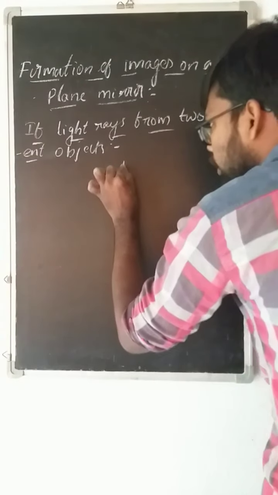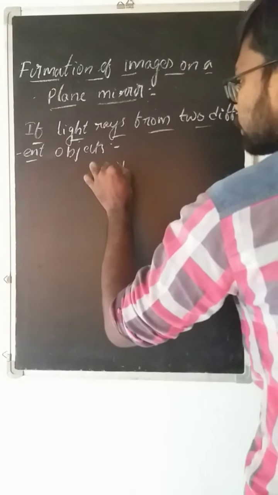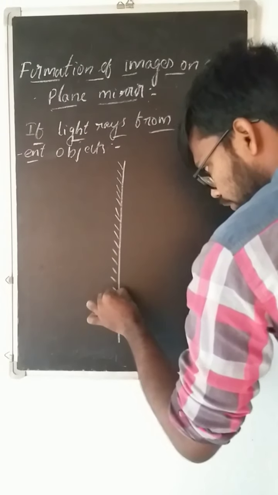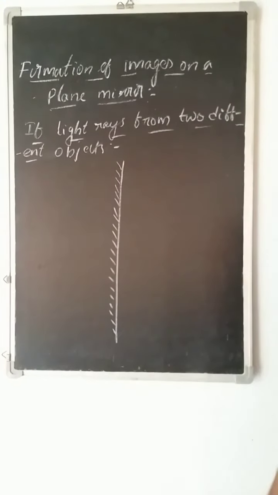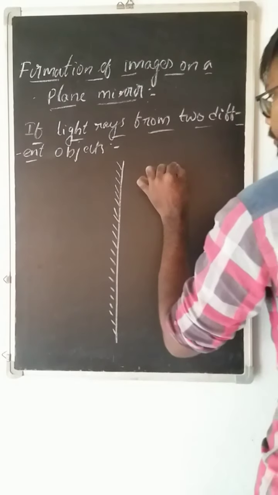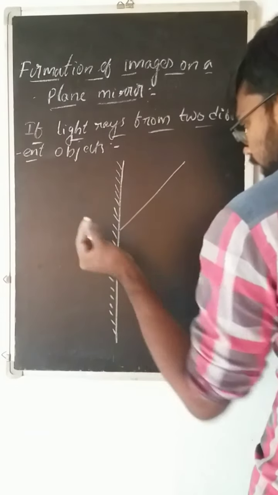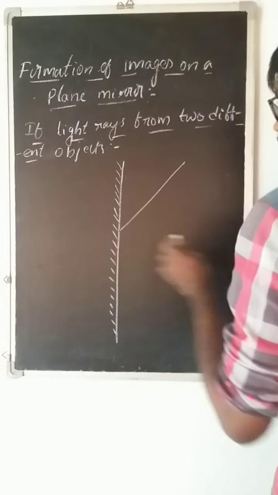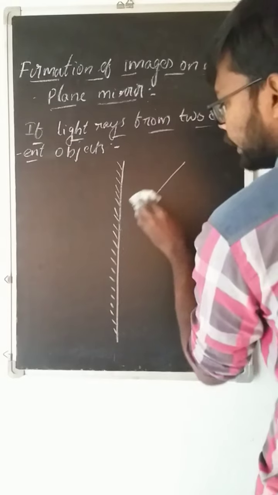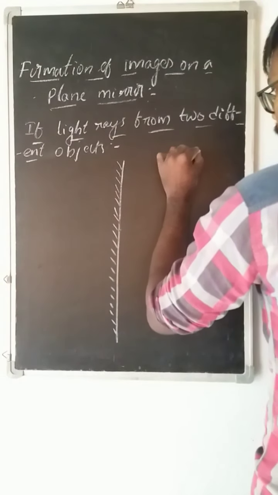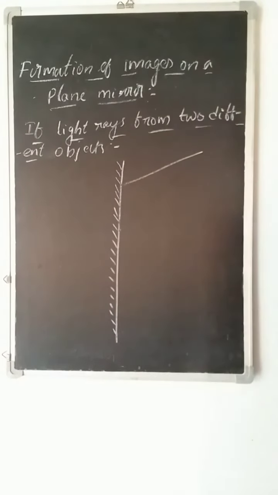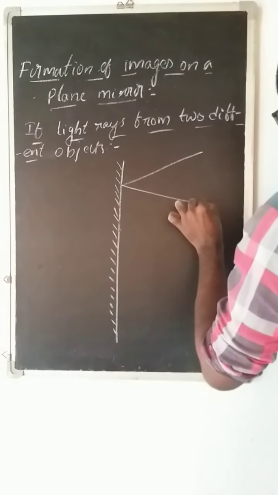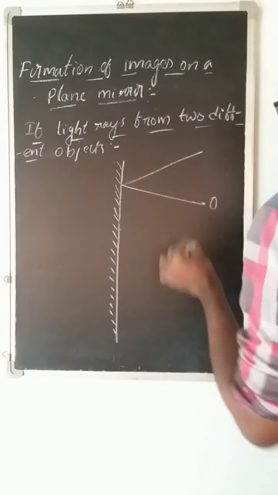Same, draw the plane mirror. Now, a ray of light which is incident from object O. We should take more than three rays. Then light will fall like this and it will reflect back, and this is the object and this point is the object.